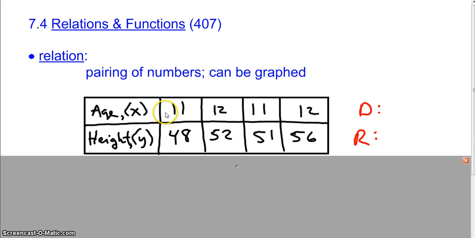So I think we've already used this word quite a bit when we were graphing in chapter 6. What do we call the whole group of inputs, the whole group of x's? And it begins with D. Who knows? All of the x's. Something. Jeremy? Domain. Good job, domain.